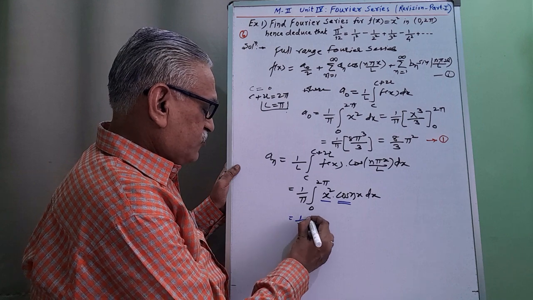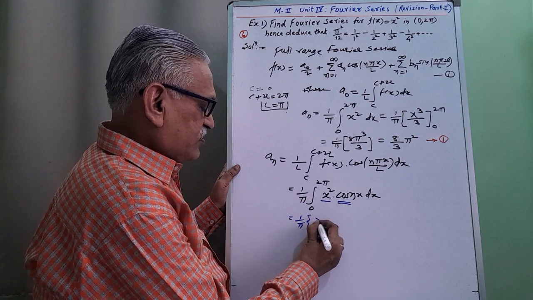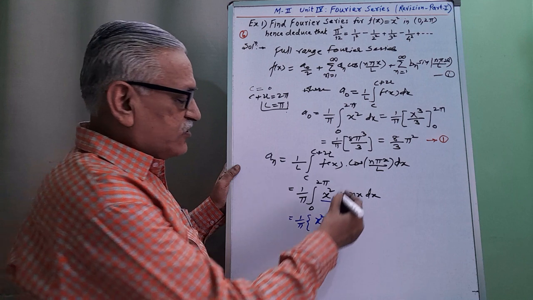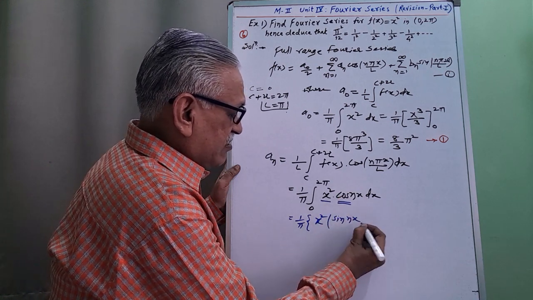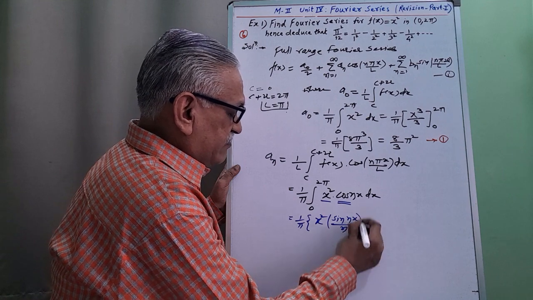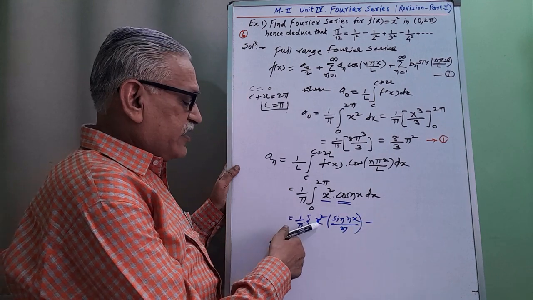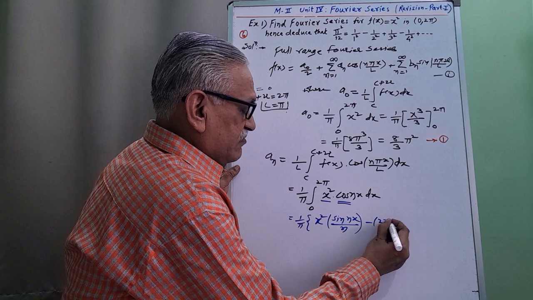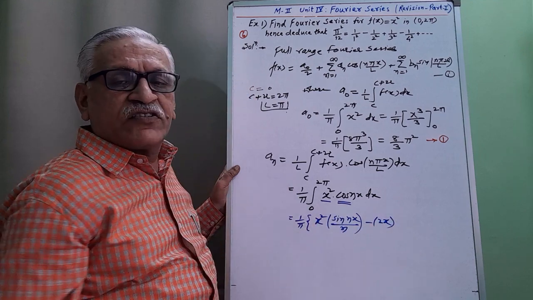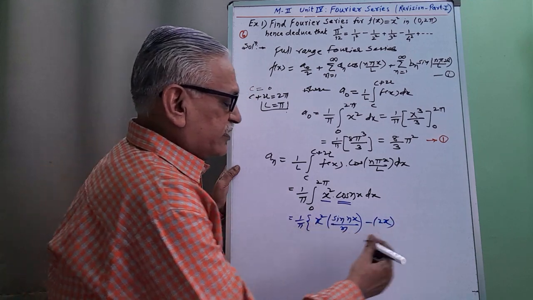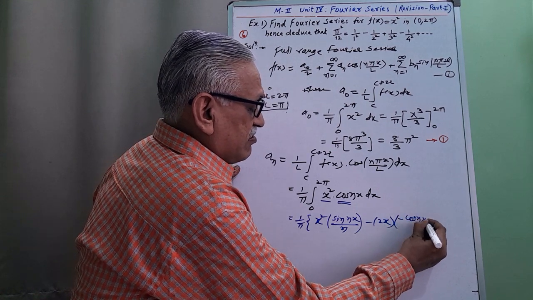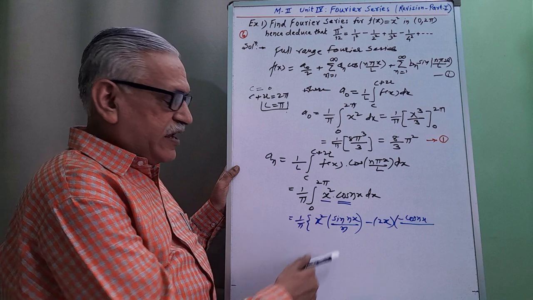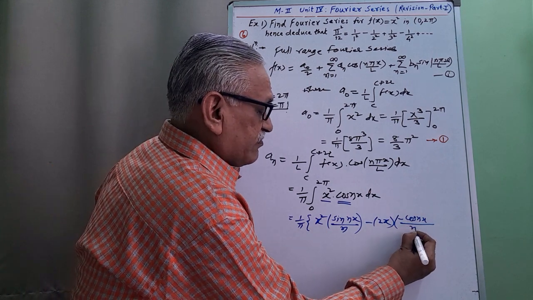Integrating by generalized parts, we get 1 by pi as it is, no change. First term x square, integration of cos nx is sin nx by n, then minus derivative of x square is 2x, integration of sin nx, next integration is minus cos nx divided by n, and this previous n, it becomes n square.